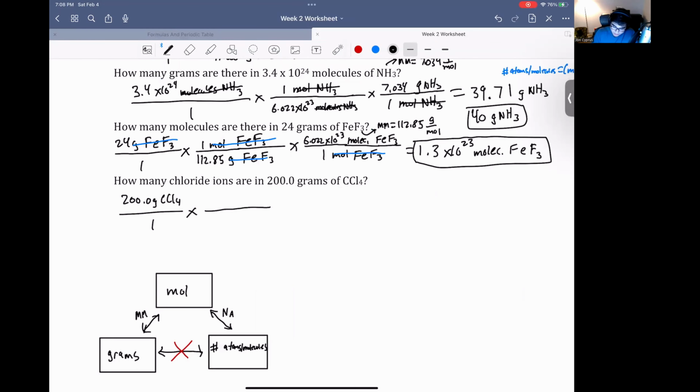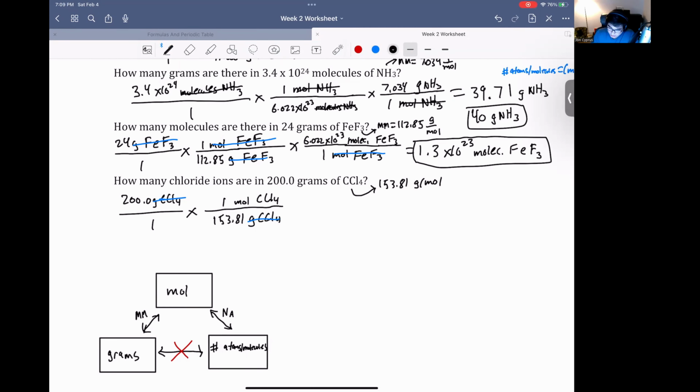So this is 153.81 grams per mole. So for every 153.81 grams of carbon tetrachloride, I have 1 mole of carbon tetrachloride. Those cancel out.